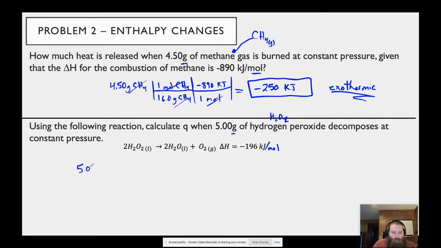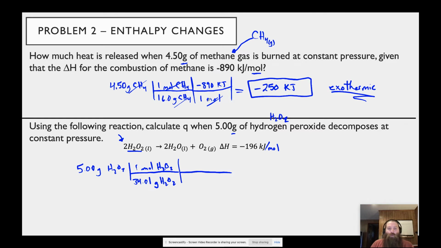We have 5.00 grams of H2O2, and we're going to convert grams of H2O2, which is 34.01 grams of H2O2, to a mole of H2O2. Now this is where it's going to get interesting. In the problem, I have 2 moles of hydrogen peroxide.